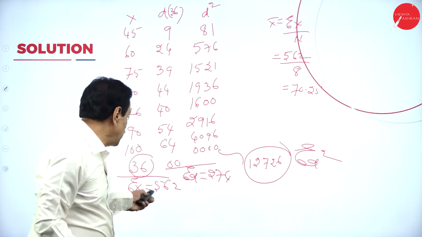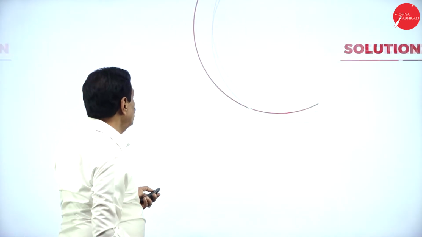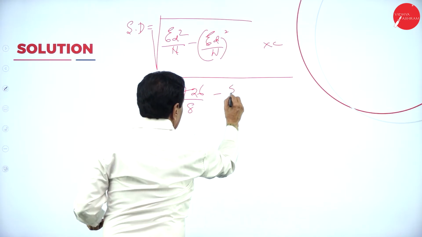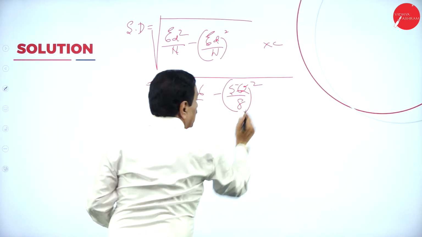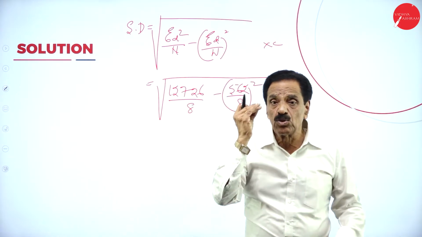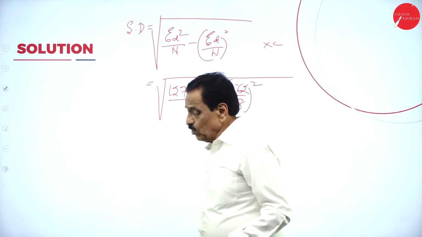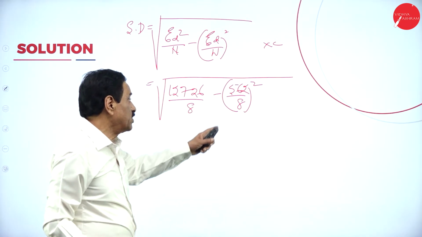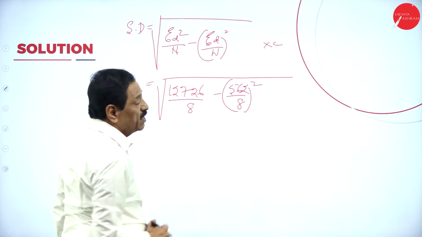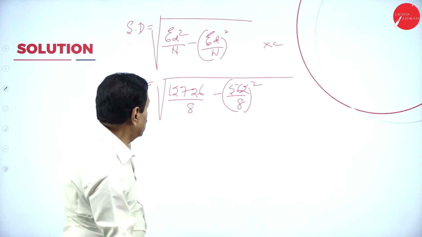What is sigma d? 562 divided by 8 whole square. C does not arise at all because there is no uniform class interval in X. So C should not be considered.